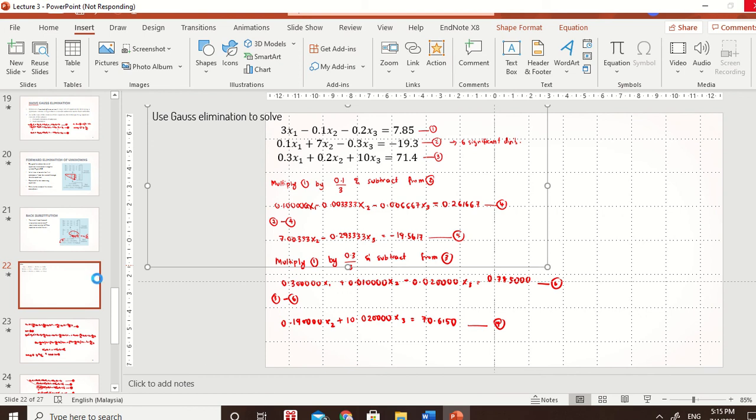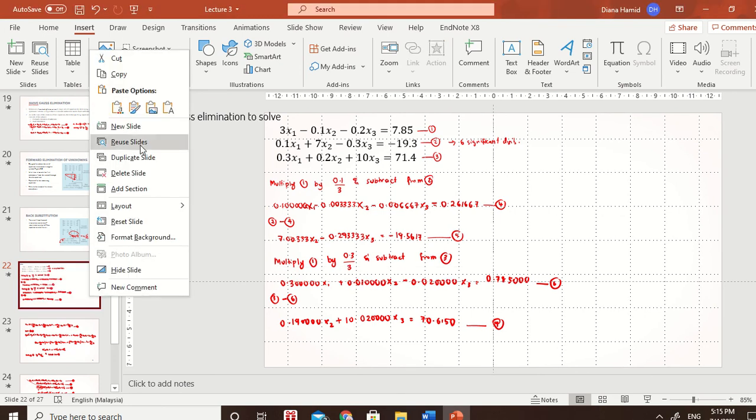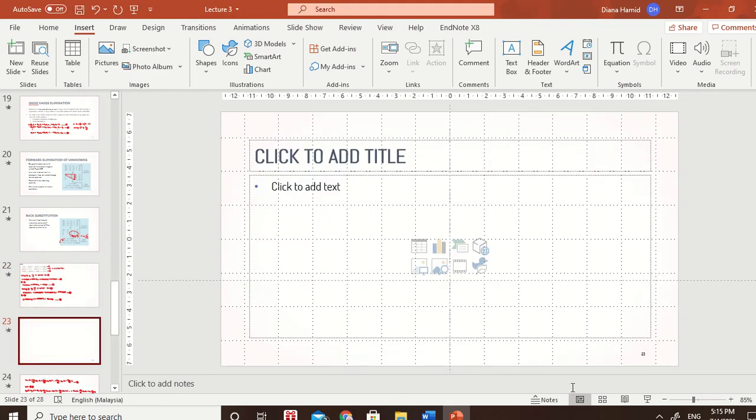We will actually get a new set of equations, and from there we can back substitute into the equations. So I will try to show it in the new slide here.